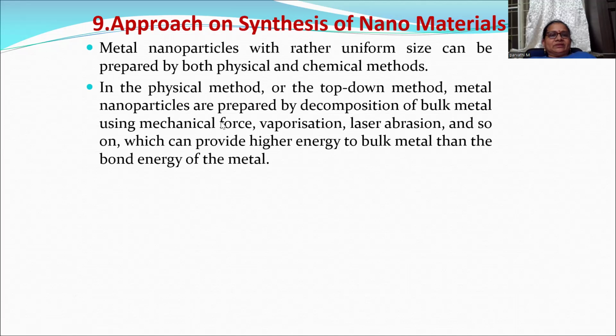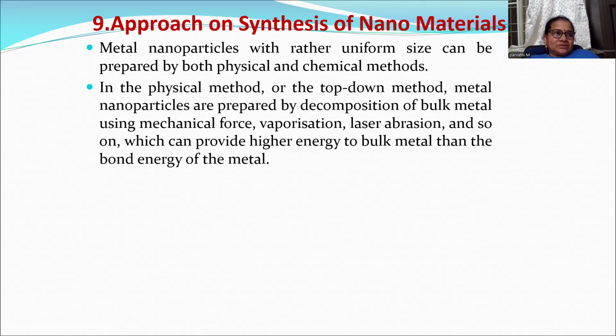Okay, so in the physical method, metal nanoparticles are prepared by decomposition of bulk metal using mechanical force. For example, when you sharpen a pencil, the thick lead becomes thin. In a similar way, bulk material is decomposed into small particles using physical methods, using mechanical force or vaporization or laser absorption and so on.